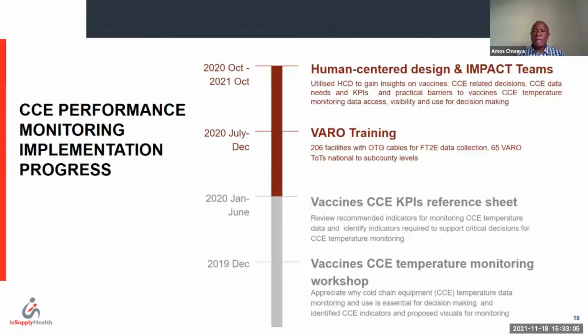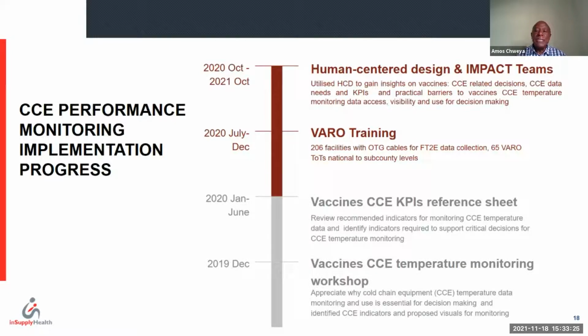So this was done successfully, and at the same time as this was being done, the vaccines cold chain KPIs reference sheet was also taken to another level for ownership of the country.